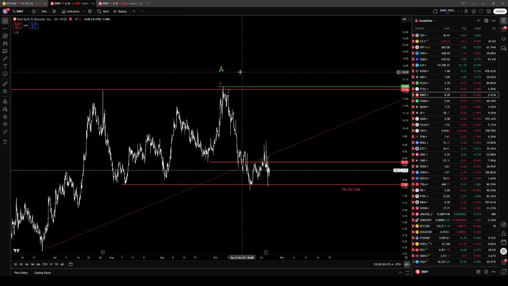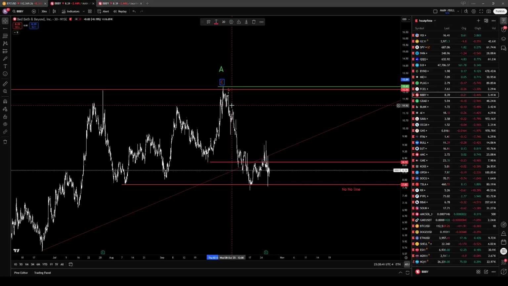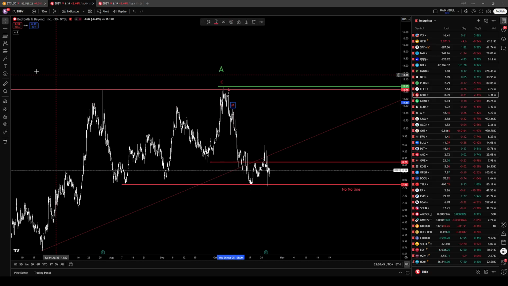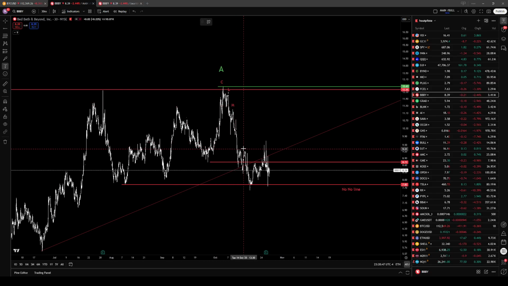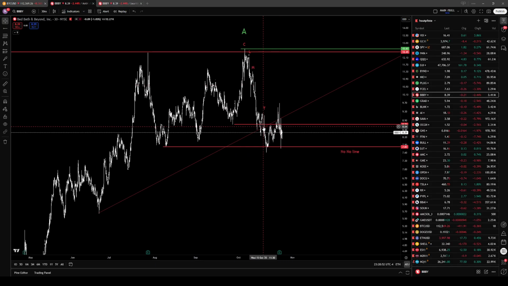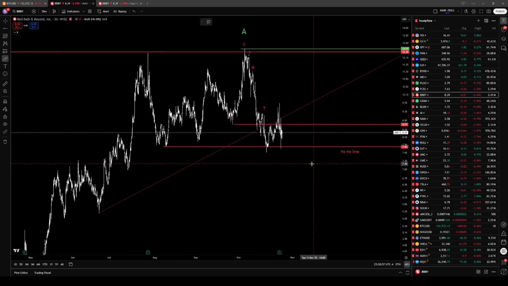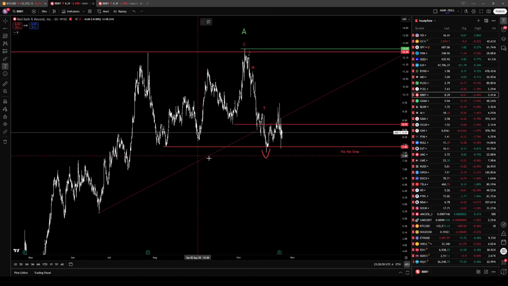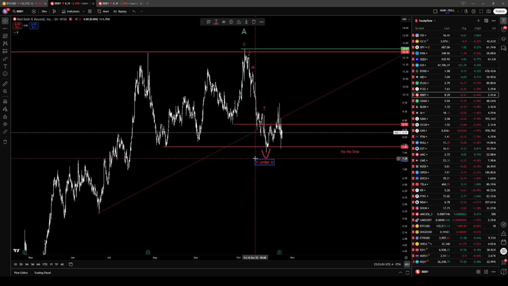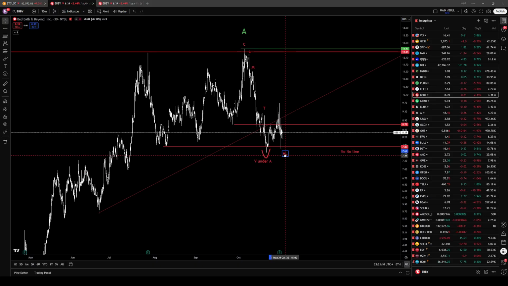This would be your little C. This would be your M. This would be your T. This would be your V&A, the V&A of this A here. Also micro tracking, really micro tracking. And this would be your higher low.